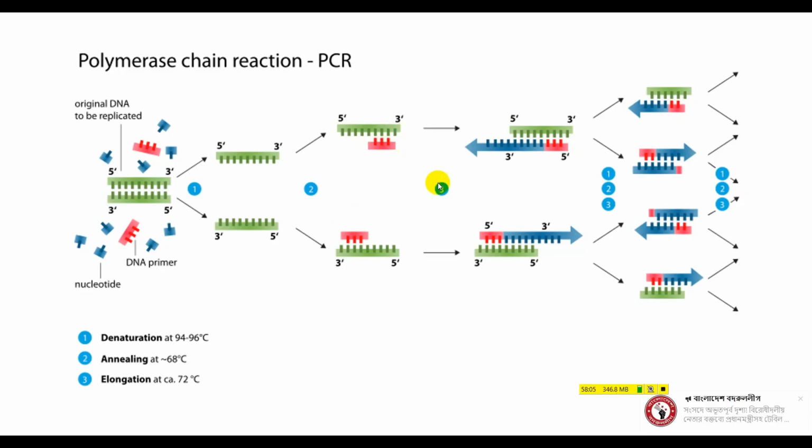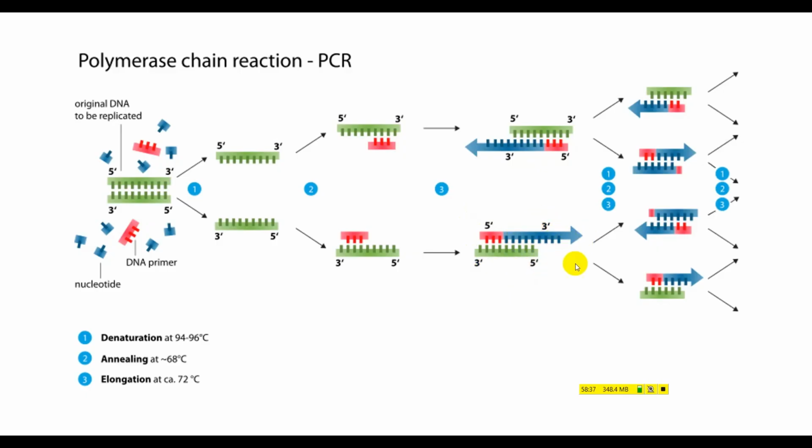Okay, you need to see my mouse indication, I mean the cursor. So you can see 5 prime to 3 prime, and in the lower side 5 prime to 3 prime. So the red one is the primer sequence and the red one is the 5 prime always. Here you can also see that the red one is the 5 prime, which is the primer here, and 3 prime is the extending sequence.